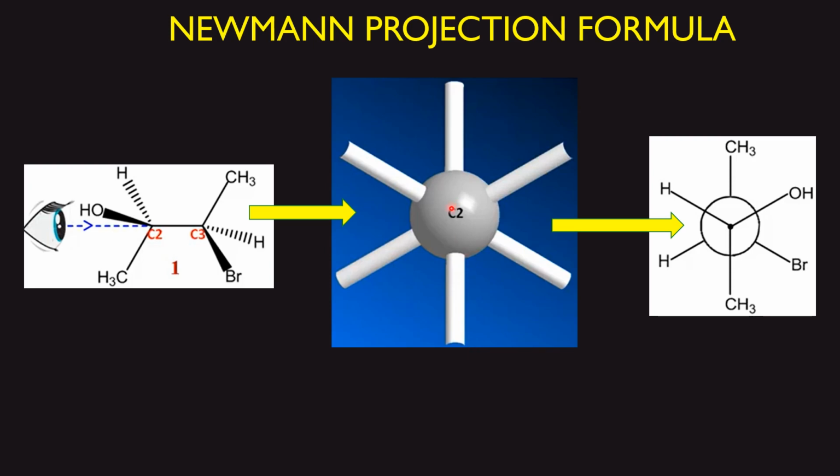So this ball I am replacing by a dot. The front carbon shown as a ball, I am taking as a dot here. This is connected to hydrogen at the left here. So hydrogen at left, OH at the right, methyl down. The three bonds connected to the front carbon C2 are shown like this. Now the rear carbon is hidden by C2, that we cannot see, that we are showing as a circle.